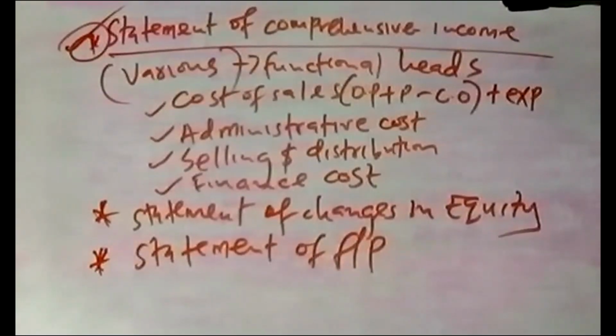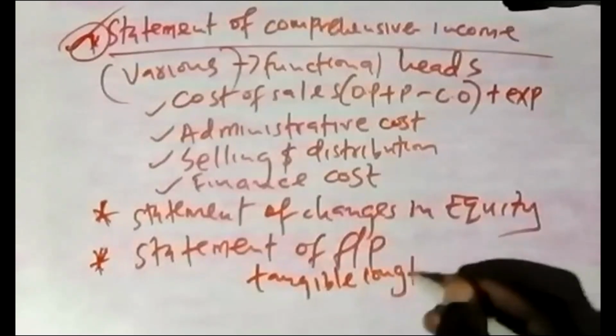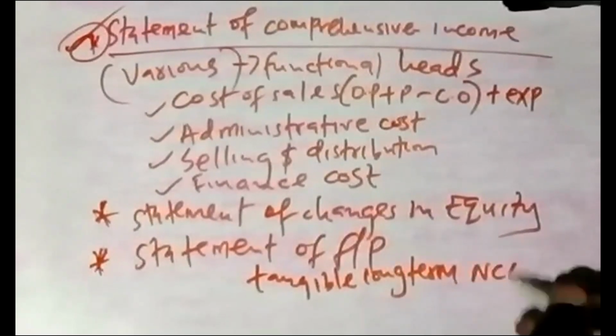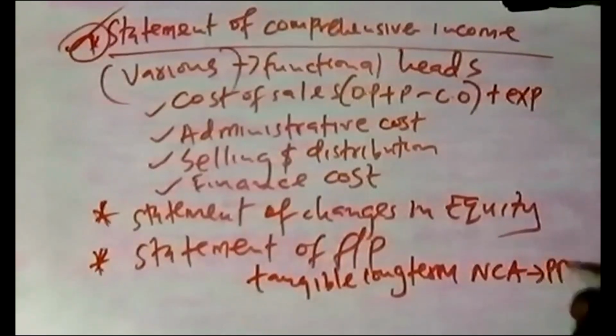I said very well last time, and I'm going to repeat, that tangible, long-term, non-current assets are supposed to be classified together and named as property, plant, and equipment, the PPE.